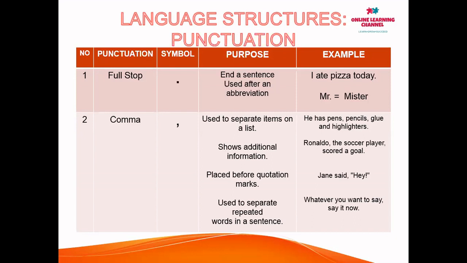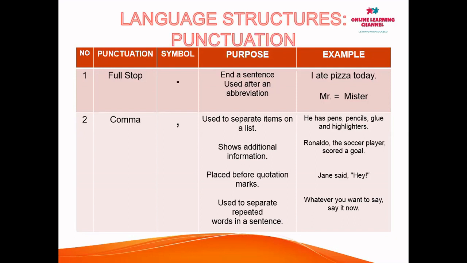Okay. Next, place before quotation marks. When I teach my kids, I do quotation marks like this. So don't forget that it starts, it opens, and then you have to close it. So you use comma before we open our quotation mark. I put an example there. Jane said, "hey." So after the word said, you got a comma.